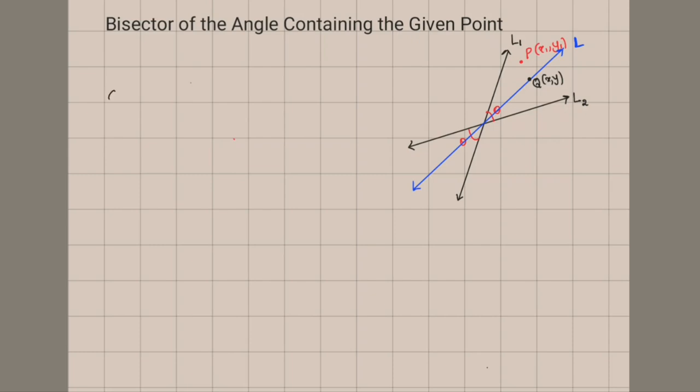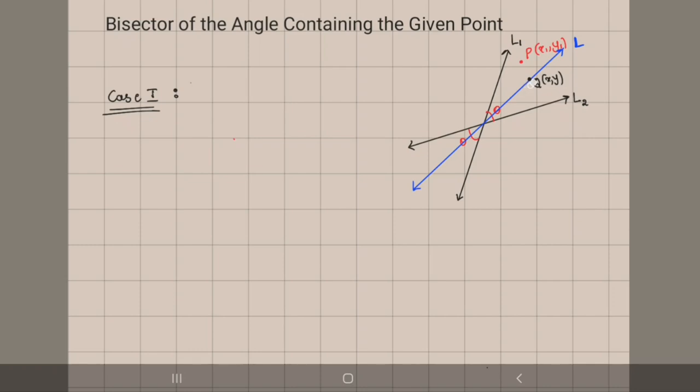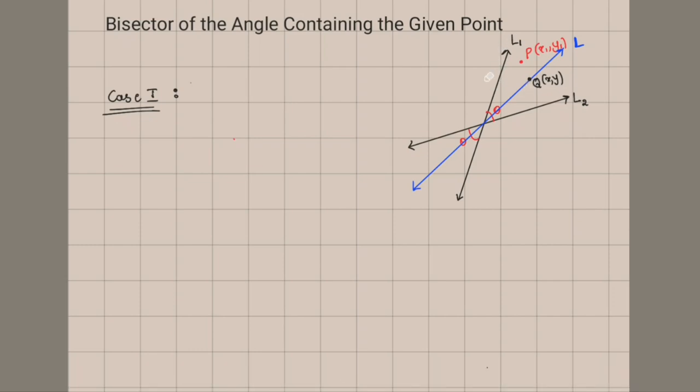Let's take case 1, where this Q lies from this intersection to the above, which means this point P and Q lie on the same side of L1 and lie on the same side of L2. P and Q lie on the same side. This is case 1.